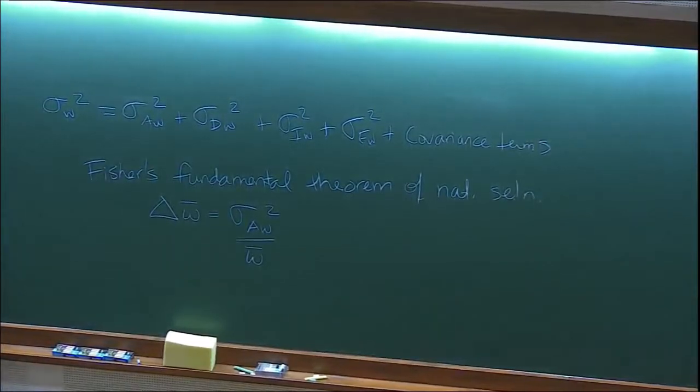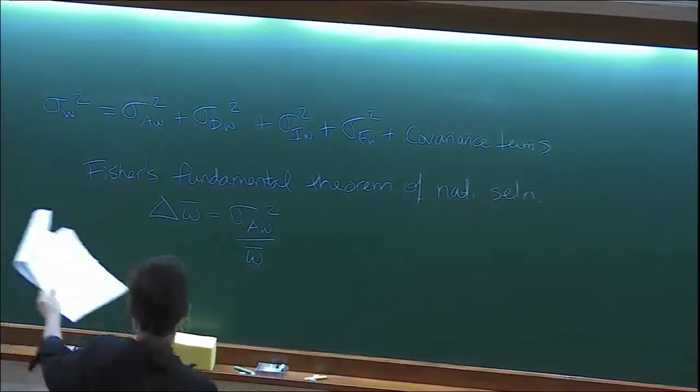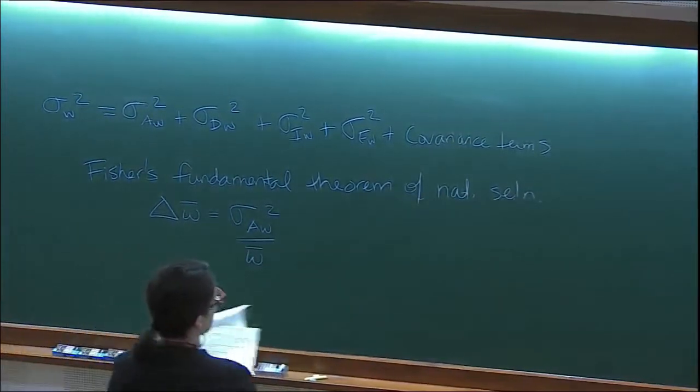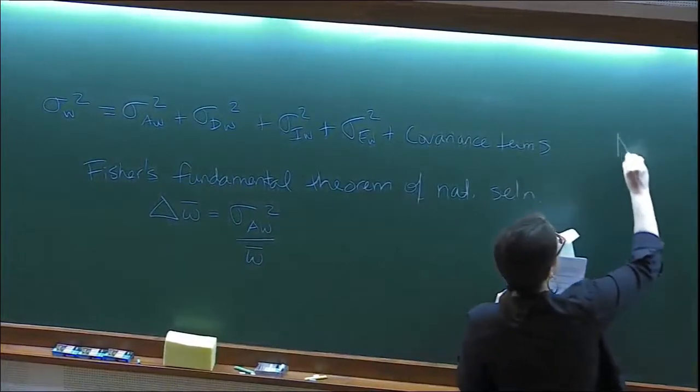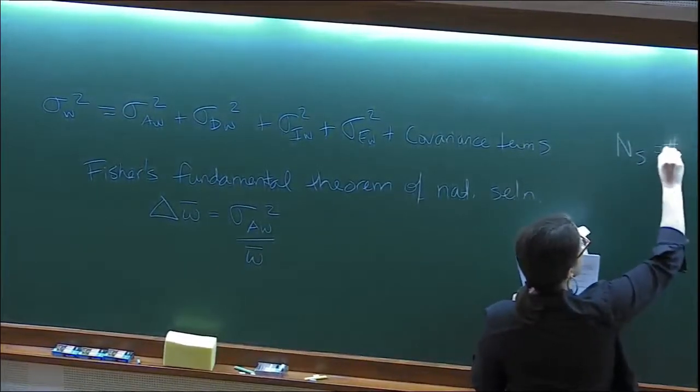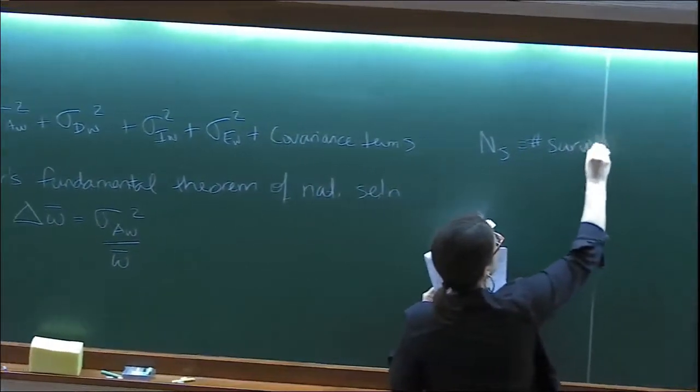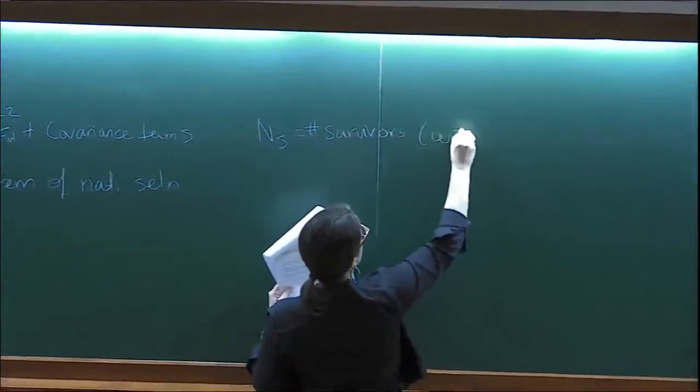So let's think of a really simple situation where I have a population of size n, and I take some group of that population and they die, and some group of that population live. So it's very simple. We have some large number n of individuals. We have n sub s, say, the number of survivors with fitness 1.